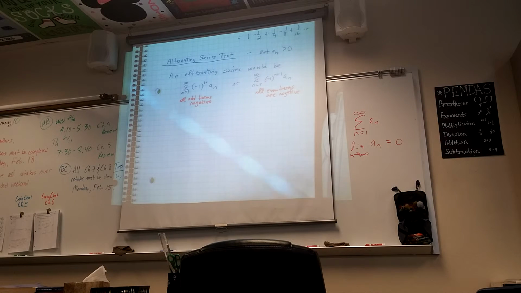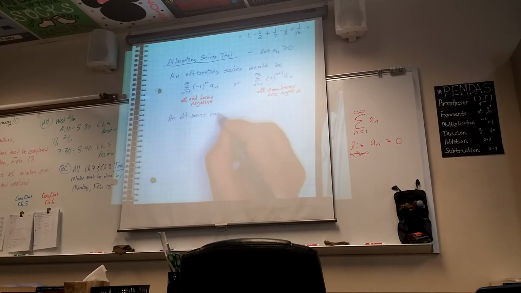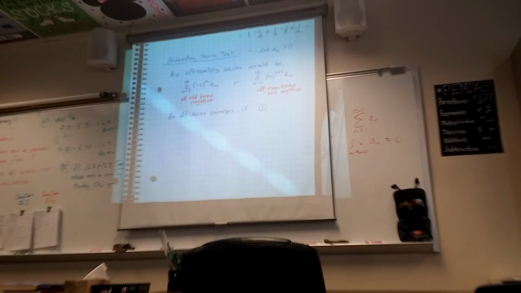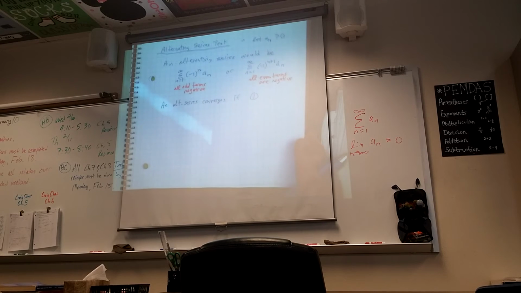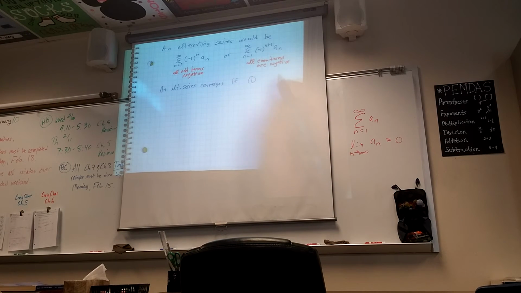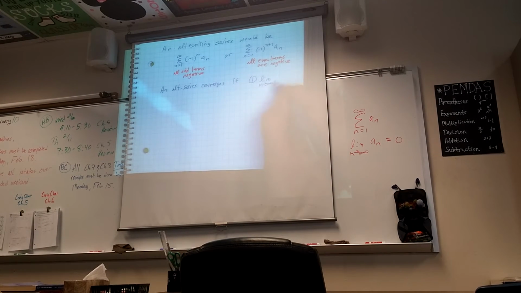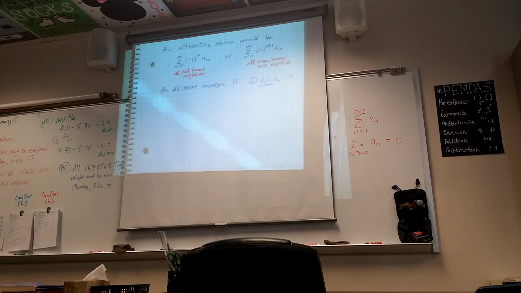Now, an alternating series converges if two conditions are met. And yes, you have to memorize them, and yes, this goes on our cheat sheet. We'll update it tomorrow. 1, the limit as n goes to infinity of a sub n must equal 0.